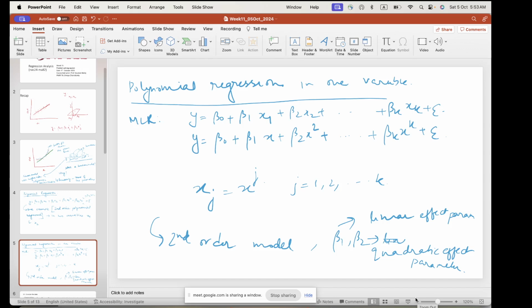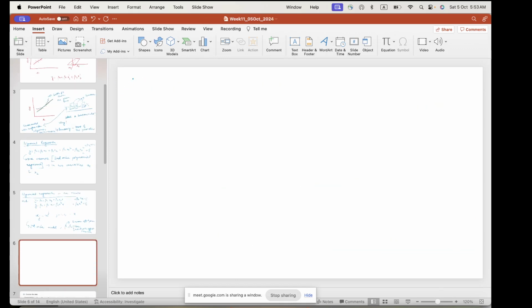Alright, so this is how a polynomial regression in one variable should look. Now, one very important consideration while talking about polynomial regression is the order of the polynomial.